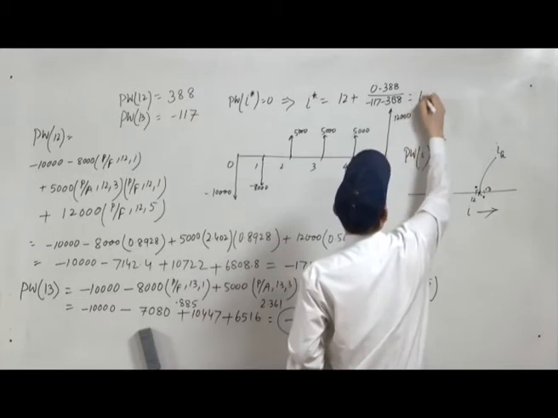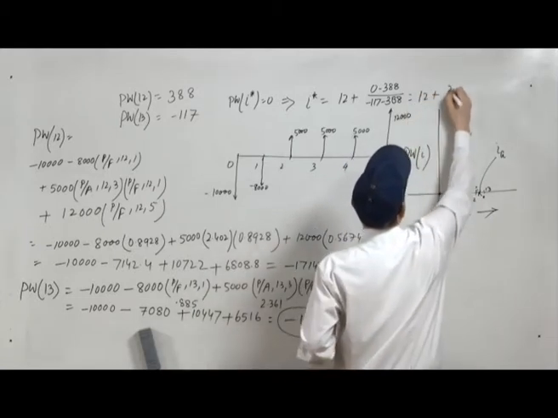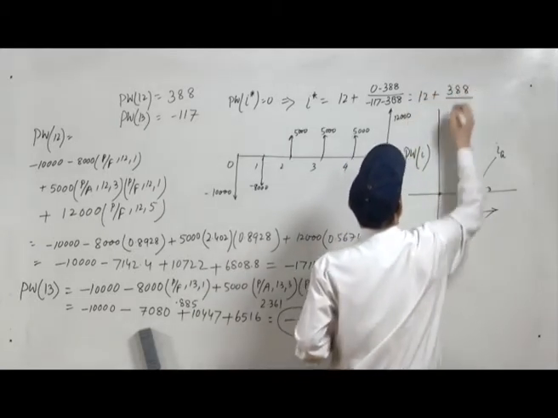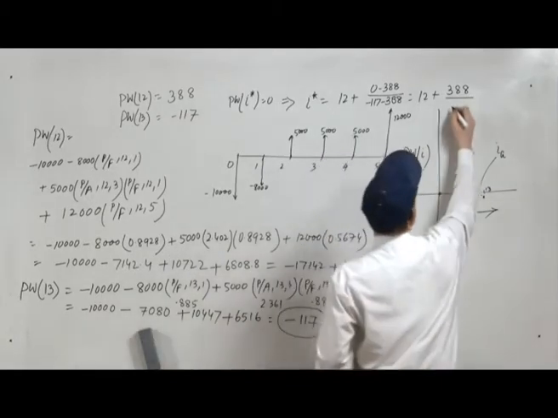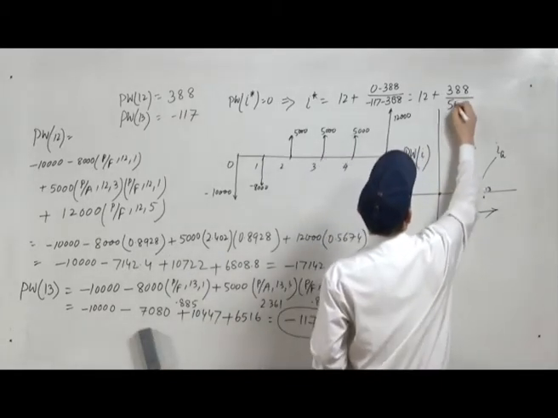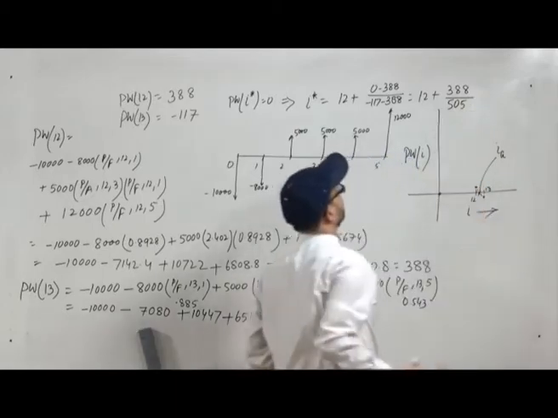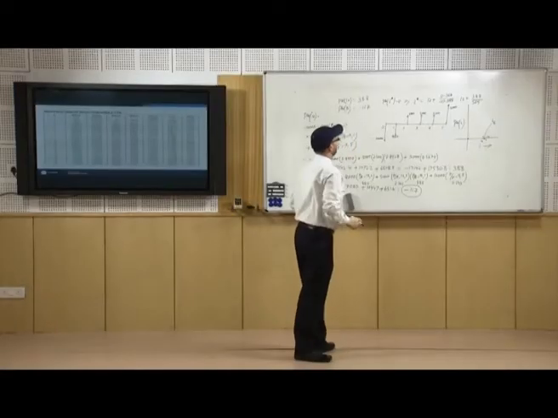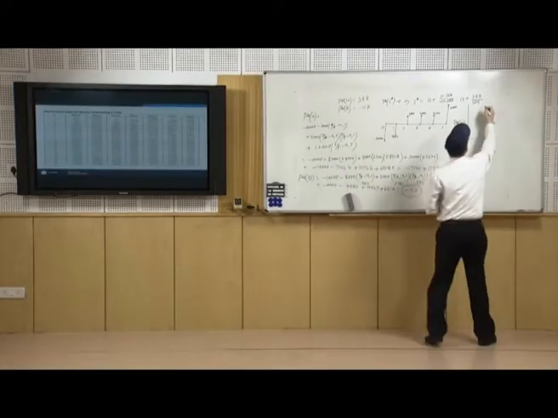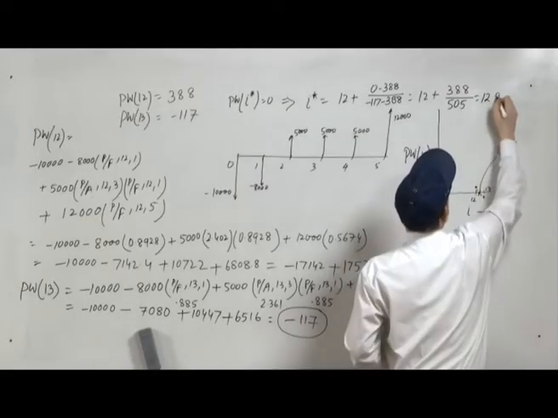So, it is nothing but 12 plus 388 by 505. So, it is coming close to 12.8%.